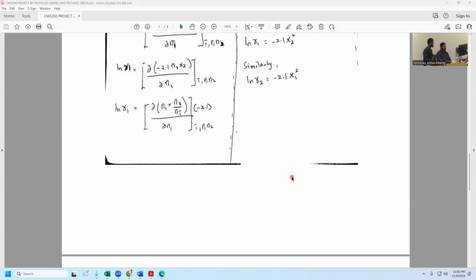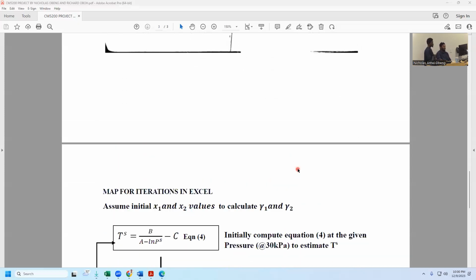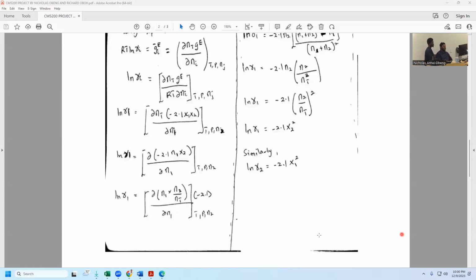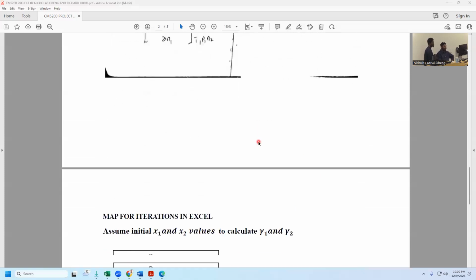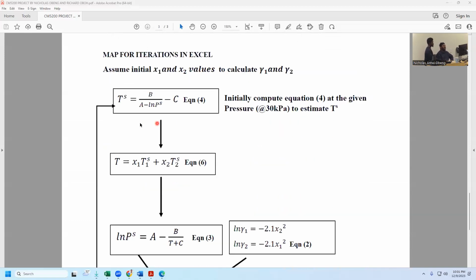Now that we have ln gamma 1 and ln gamma 2, we are going to combine them with the Antoine vapor pressure equations to calculate our vapor pressures. Nicholas will continue from here.